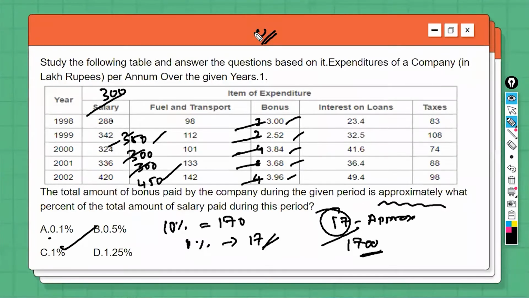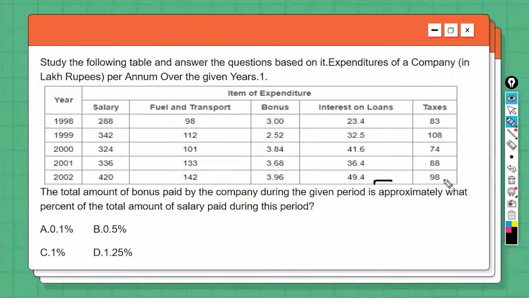See, the shortcut for this problem is trying to do this problem approximately. If you are actually calculating all these values, the addition itself will take a lot of time, especially this part will take a lot of time in addition.